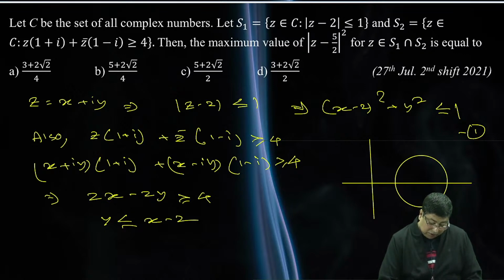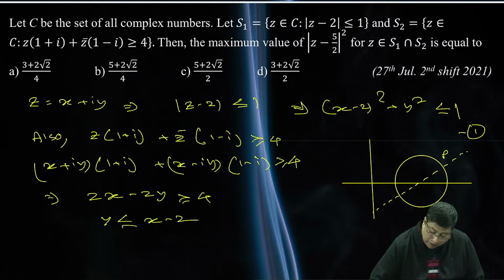And this is the line y equal to x minus 2, and we need the points which satisfy S1 intersection S2, means all points satisfying both the sets. It means common to the circle and the straight line. So, y equal to mx plus c, y equal to x minus 2. If we put x equal to 0, y equal to minus 2. If we put y equal to 0, x equal to 2, and 2 is the center. So, it means this line is passing through the center.